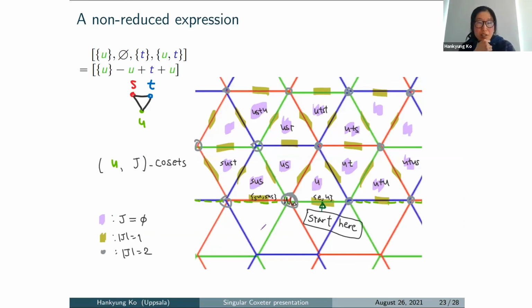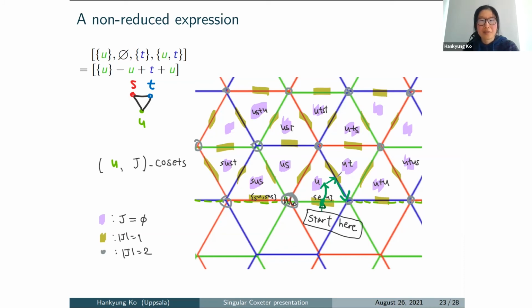And here is an example of a non-reduced expression. So I start with U that was here and go to empty. That's going out forward. So I don't go here because that's not forward. And then I enter T and then there.